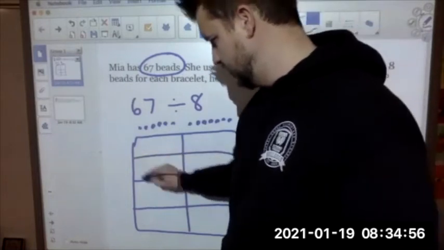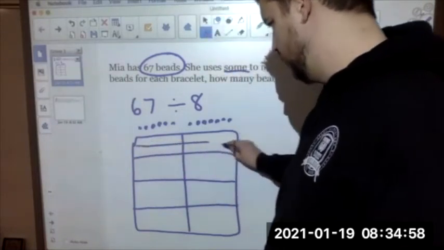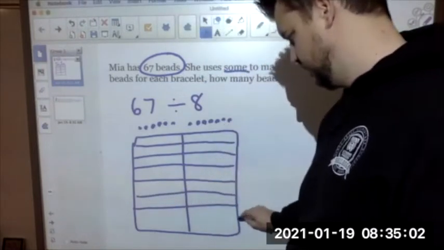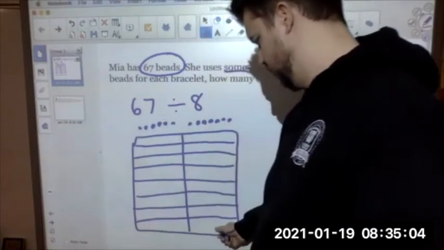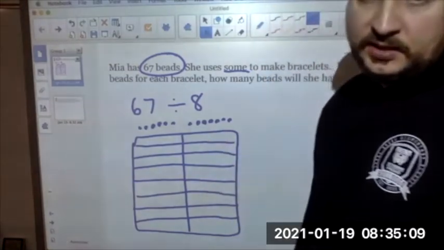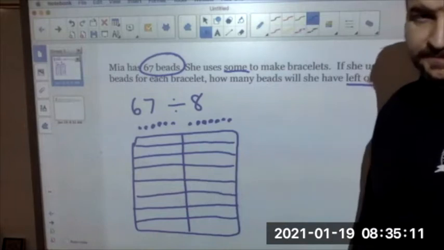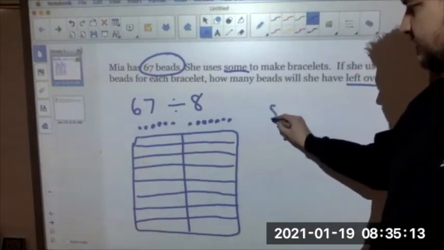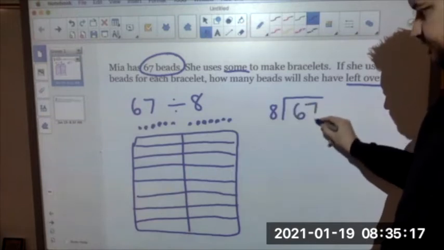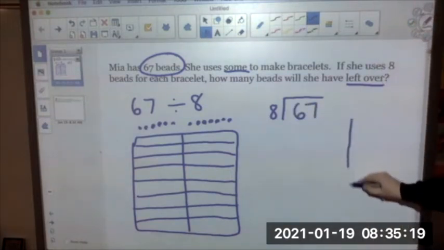Now we're in fourths, and then we're going to cut it in half one more time. There should be 8. 1, 2, 3, 4, 5, 6, 7, 8. You might have to draw this really big on your paper. Then draw our house of 67.